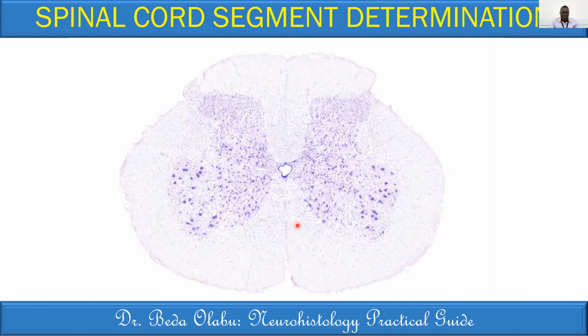The other thing we can use is basically the ratio of the anterior horn compared to posterior horn. Generally, we expect the anterior horn to be slightly bigger than the posterior horn, but when the anterior horn is massively bigger than posterior horn, it most likely represents that that region of the spinal cord is giving rise to a plexus.